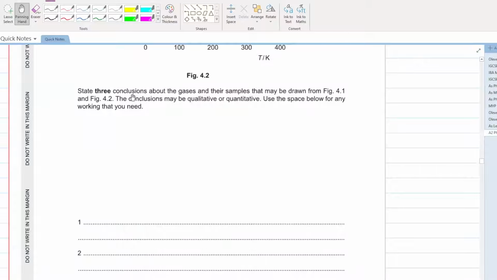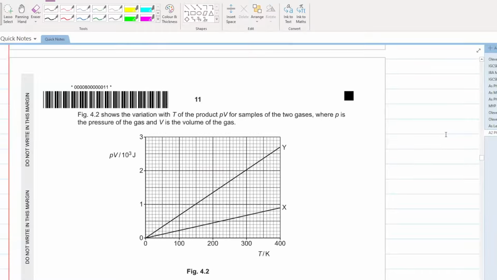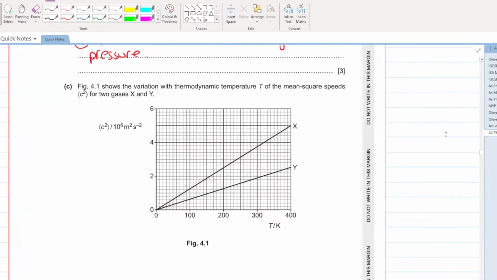If you go to the first figure, figure 4.1, I think this is pretty easy to derive conclusions from. Why? Because we have studied that kinetic energy is equal to 3 over 2 kT. The formula of kinetic energy is 1 over 2 m times mean square speed, which equals 3 over 2 kT. The 2s cancel out. Take mass to the other side: c squared is equal to 3kT over m.